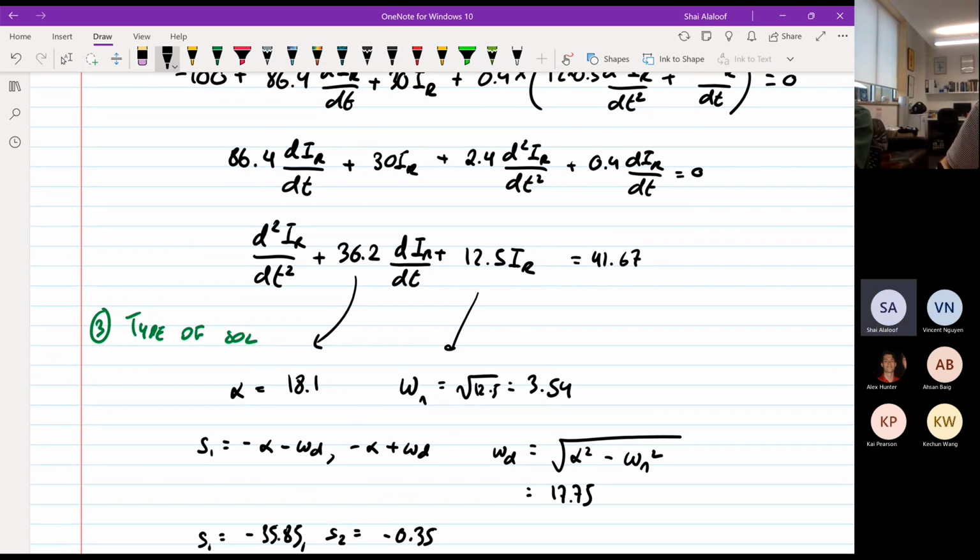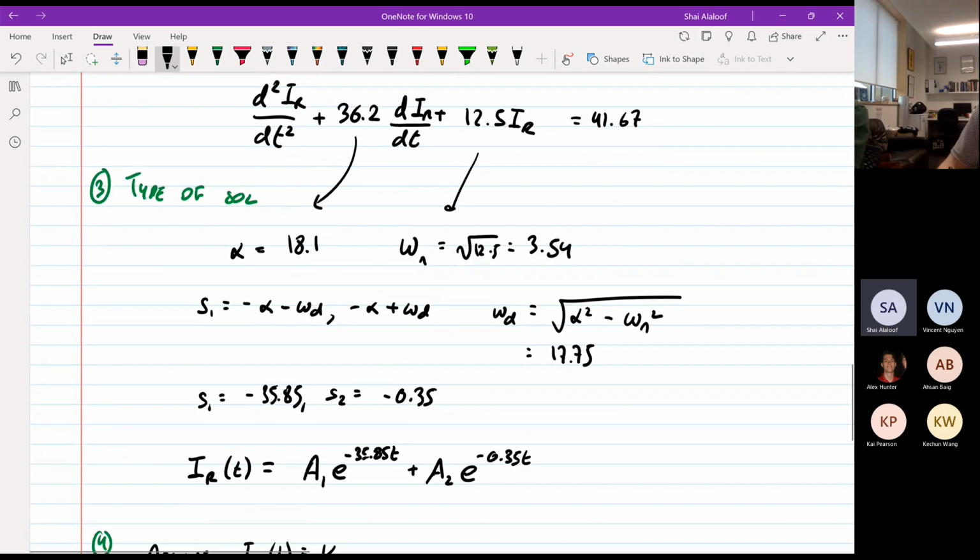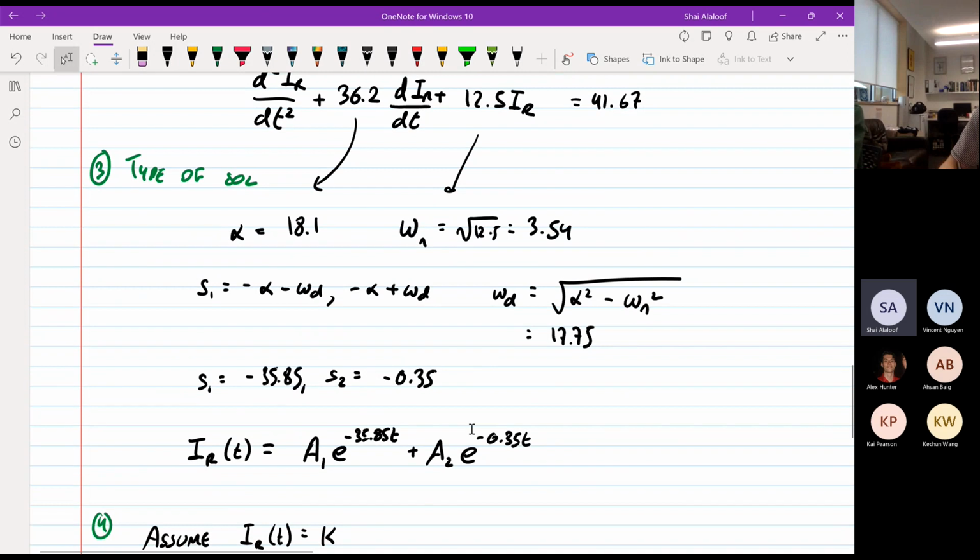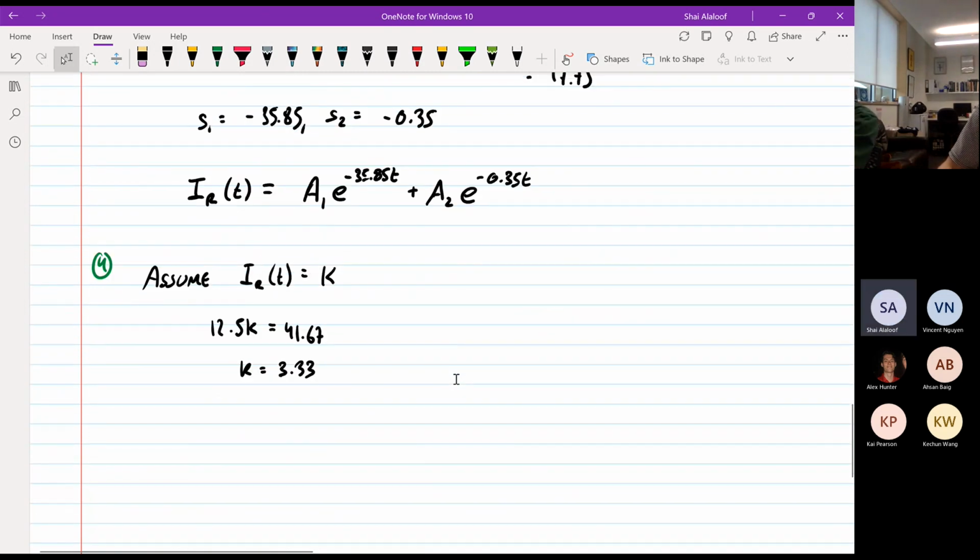Okay. All we have to do now is solve for the constants, which admittedly is sometimes a very annoying process. So solve A1 and A2, and then you'd pretty much be done.